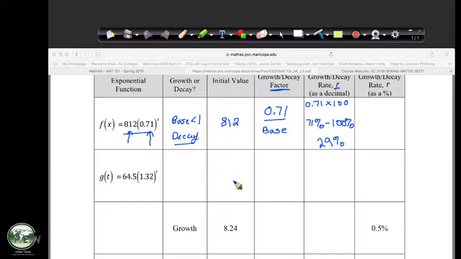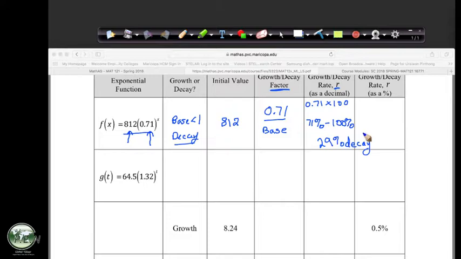Yes, it is physically negative 29%. I just report it as a 29% decay. Maybe I'll write that word here. So that's how I incorporate the negative, as I call it decay. If it was positive, I would have called it growth. And then, they want it as a decimal and a percent.